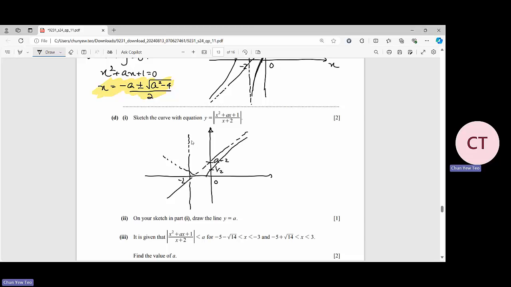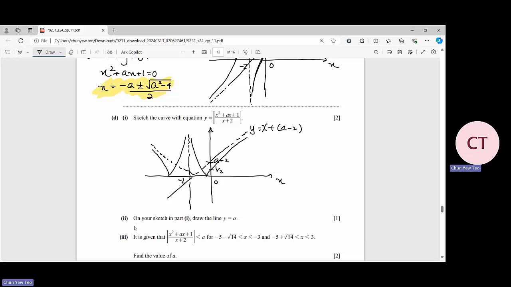So my graph will be like this, and another one will be like this. So this will be the graph for the modulus of x plus a minus 2.